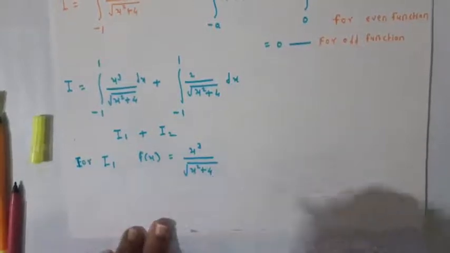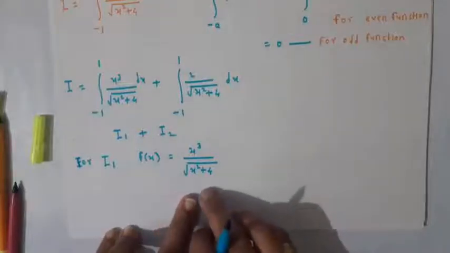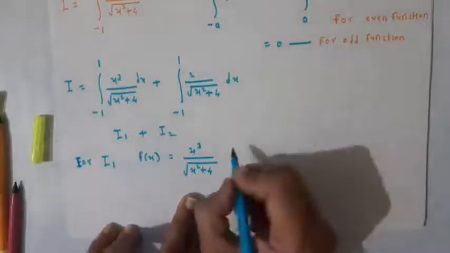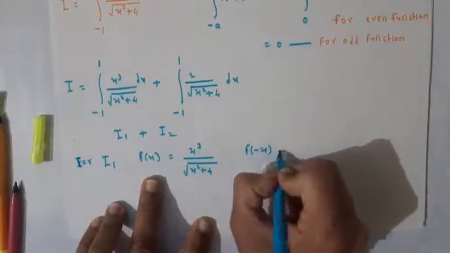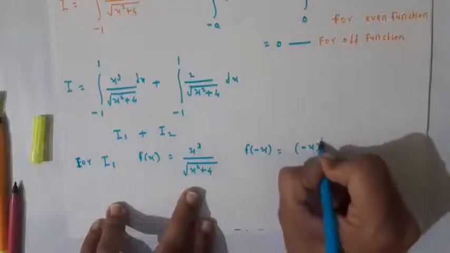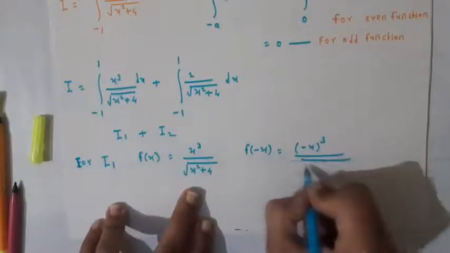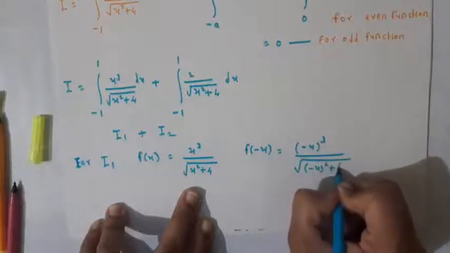So students, first let us find out whether the function is even or odd. For that, find f of minus x. f of minus x equal to minus x raised to 3 upon square root of minus x square plus 4.